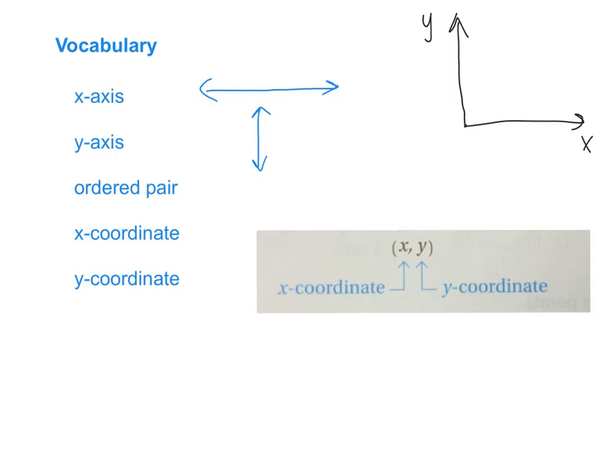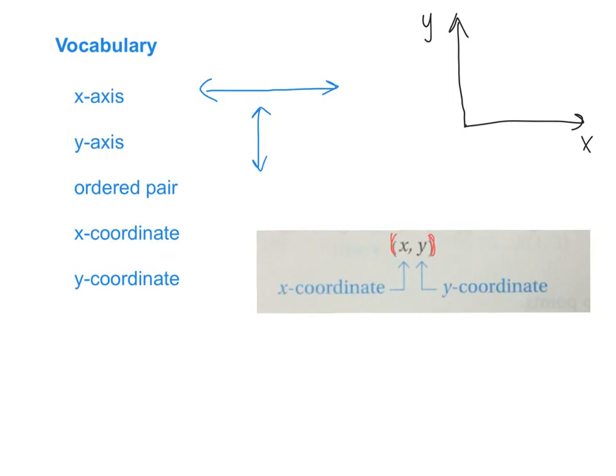All right. The next vocab word is ordered pair. An ordered pair is a pair of numbers that's in a specific order. That's why it's called an ordered pair. Can everyone say ordered pair? Ordered pair. Ordered pairs are written just like what you see here. They're always written in parentheses. You'll see right here there are parentheses to show that it's an ordered pair.